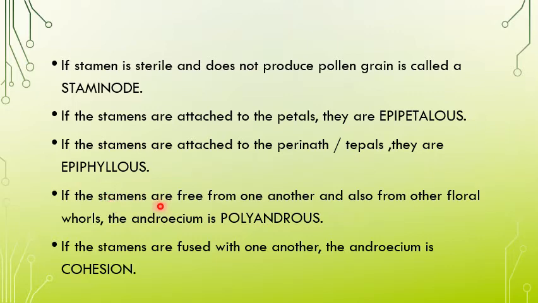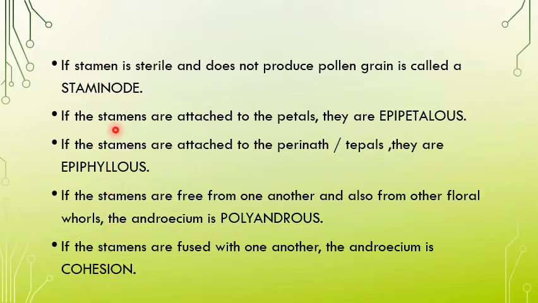If stamens are free from one another and also from the other floral whorls, the androecium is polyandrous. Poly is used when the things are free. If stamens are fused with one another, then the androecium is cohesion. So these are some terminologies.